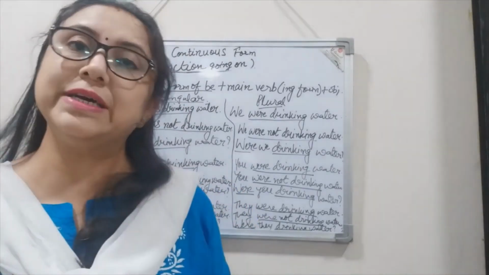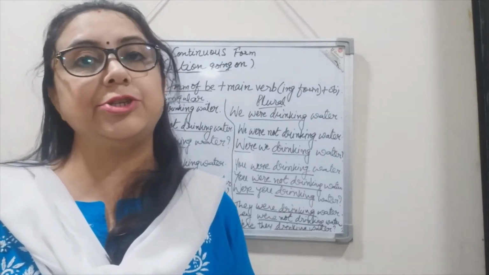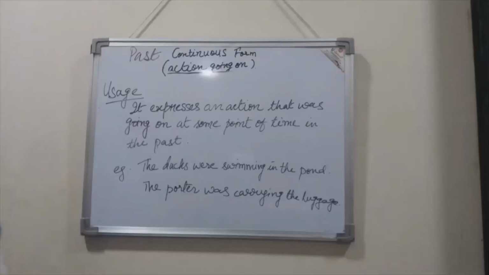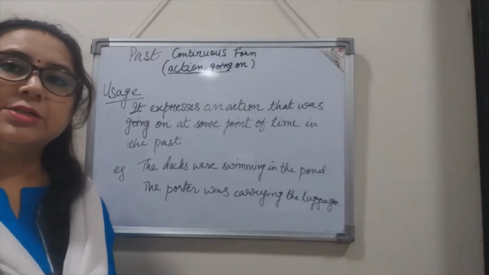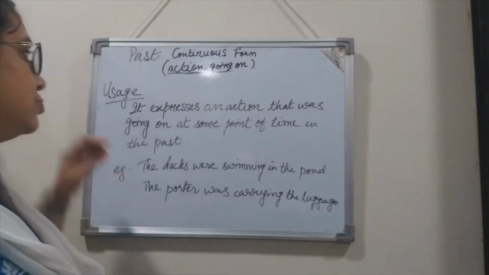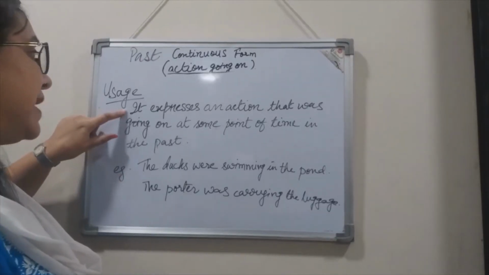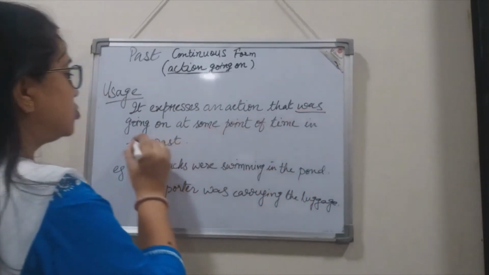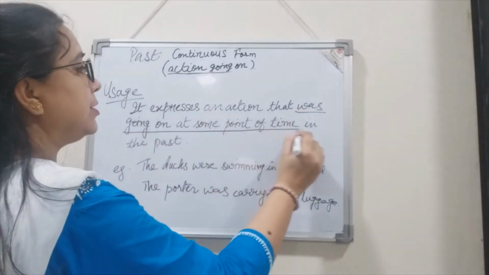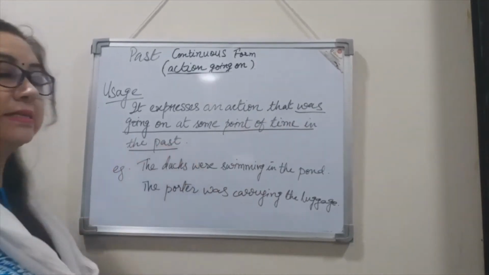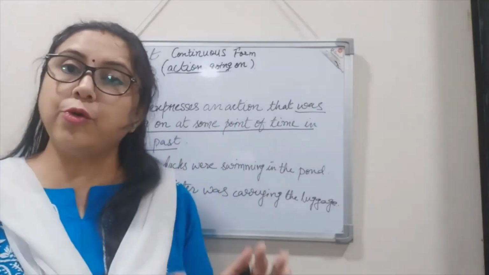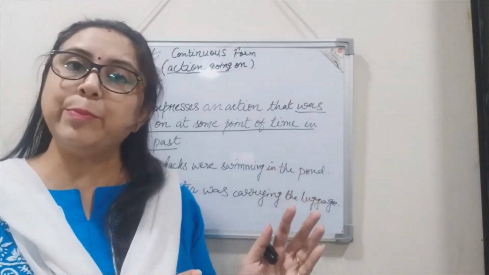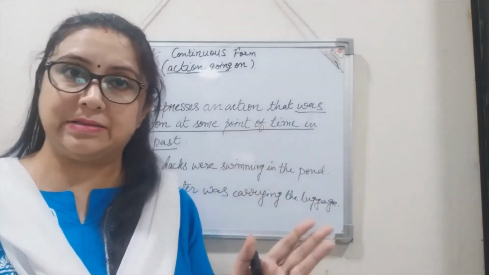Now moving on to the usage of past continuous tense form of verb. So past continuous tense is used to express an action that was going on at some point of time in the past, right?